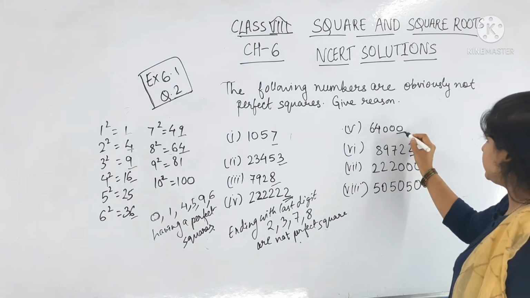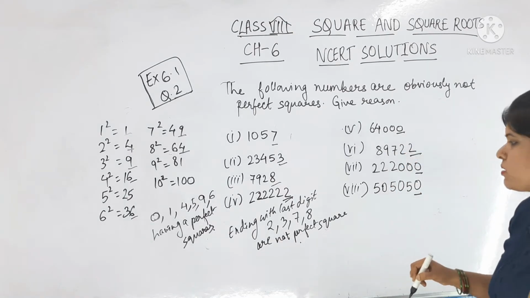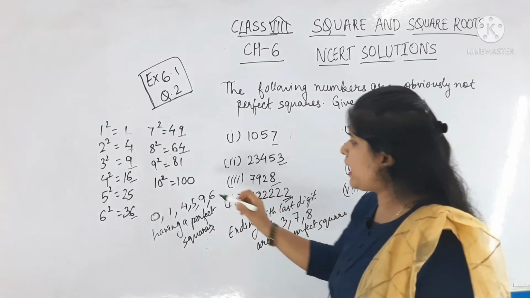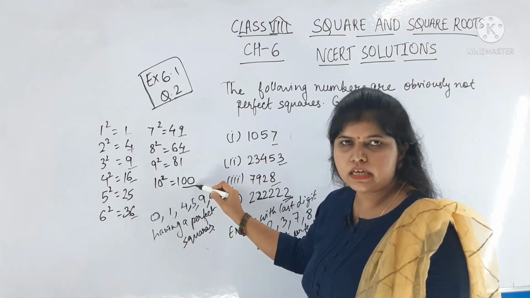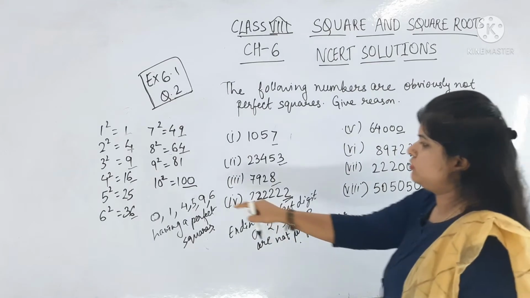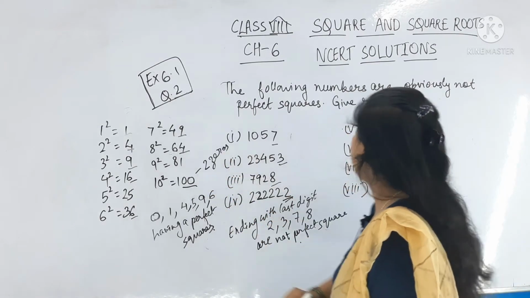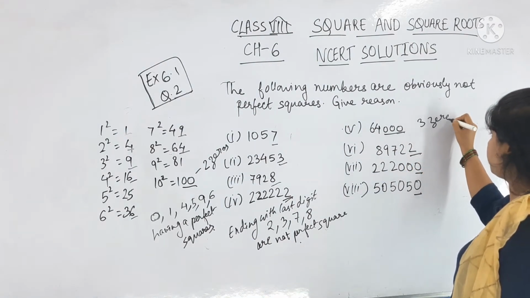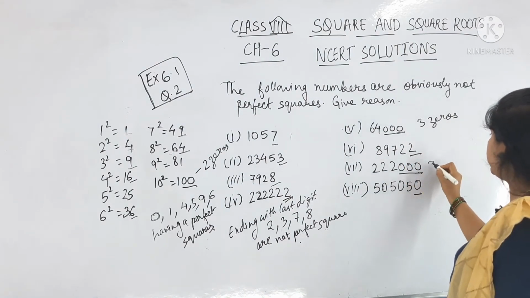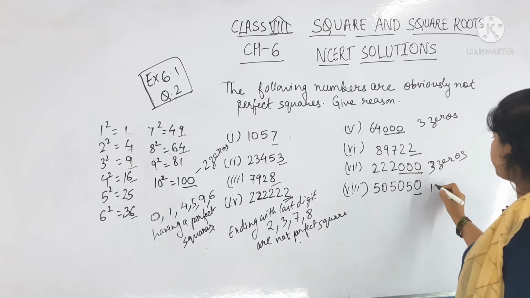But here you can see the last digit is 0, but it is not a perfect square. How is it possible? You can see that in 10 square we have an even number of zeros, that is 100. So it has two zeros. Here you can see 3 zeros, and here you can see 1 zero.